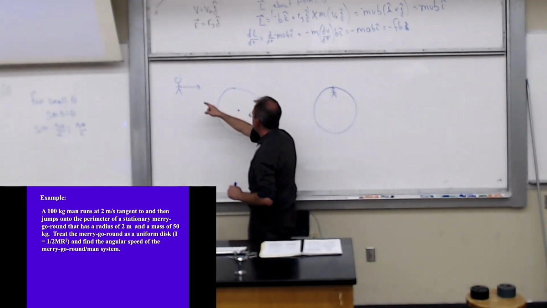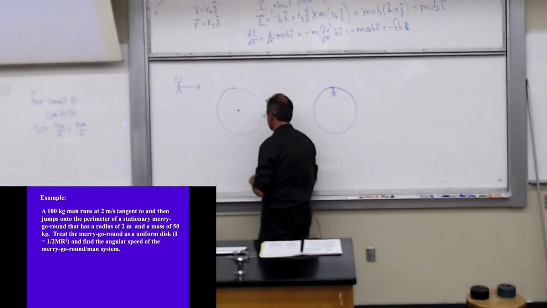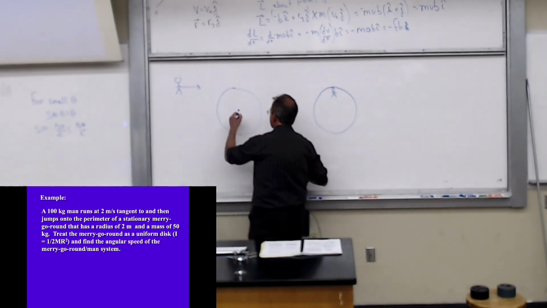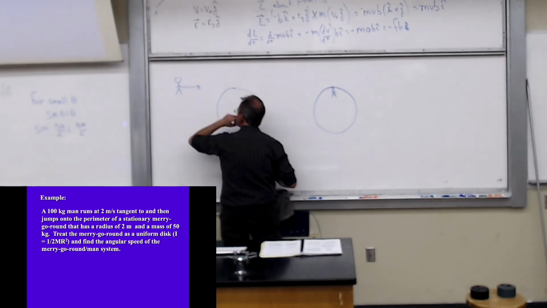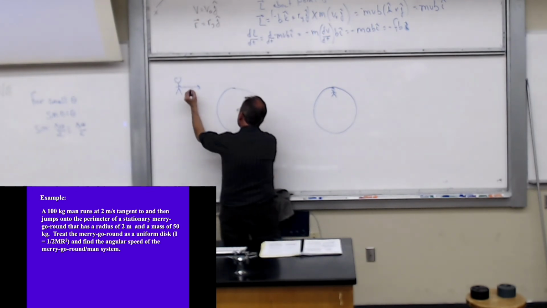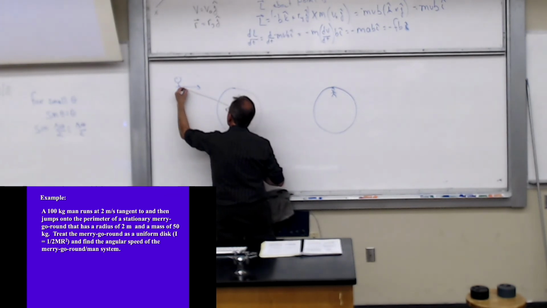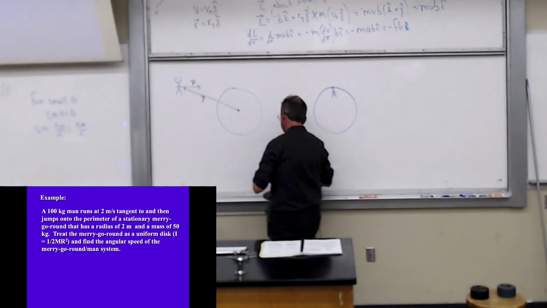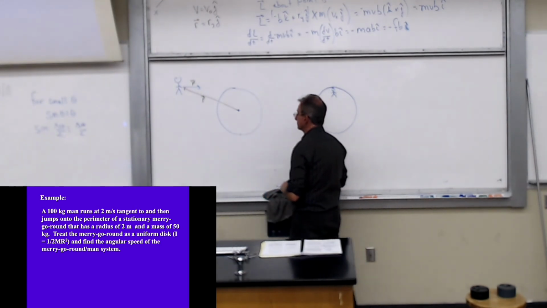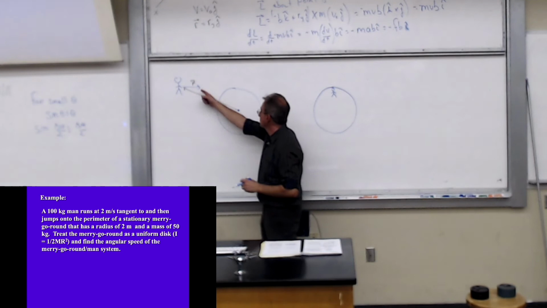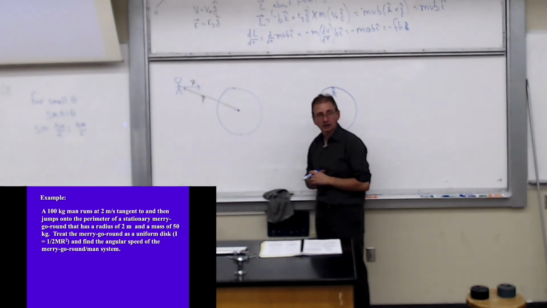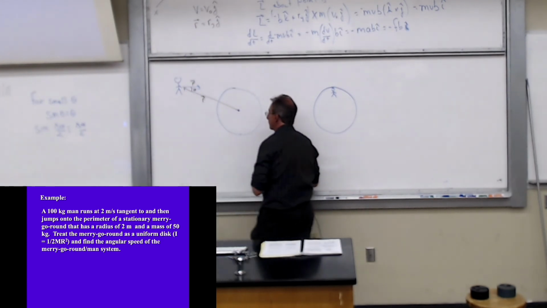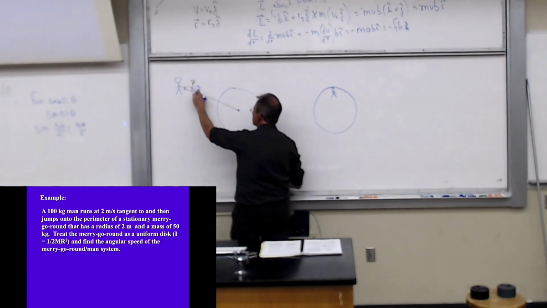So how do we write the angular momentum for that person? Well, the r vector is this. All right, here's the r vector, there's the p vector. Essentially this is the angle between them. If you take r times the sine of theta, what do you get?